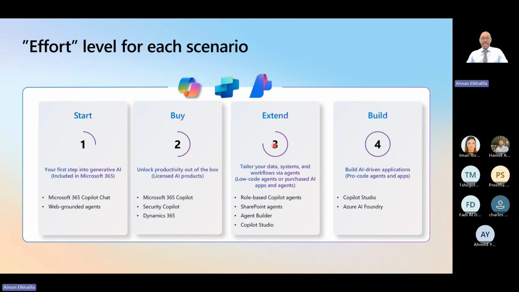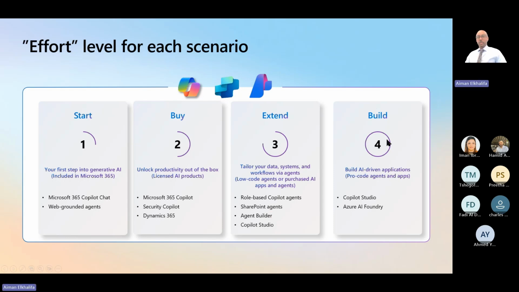Scenario level 3, this is where you go into tailoring the use of Copilot to meet your departmental needs or functional needs. So we're talking about agents connected to SharePoint. You're talking about building your own agents. We're talking here about Copilot Studio and so on.